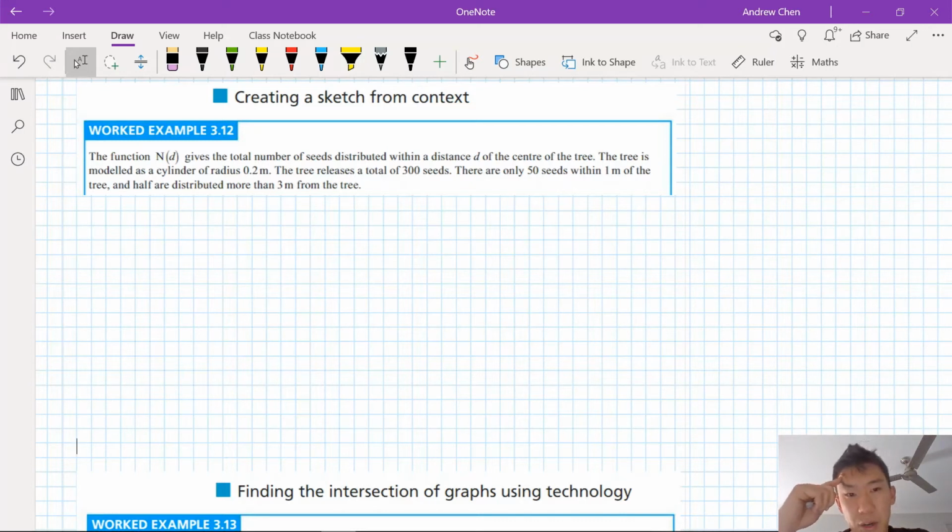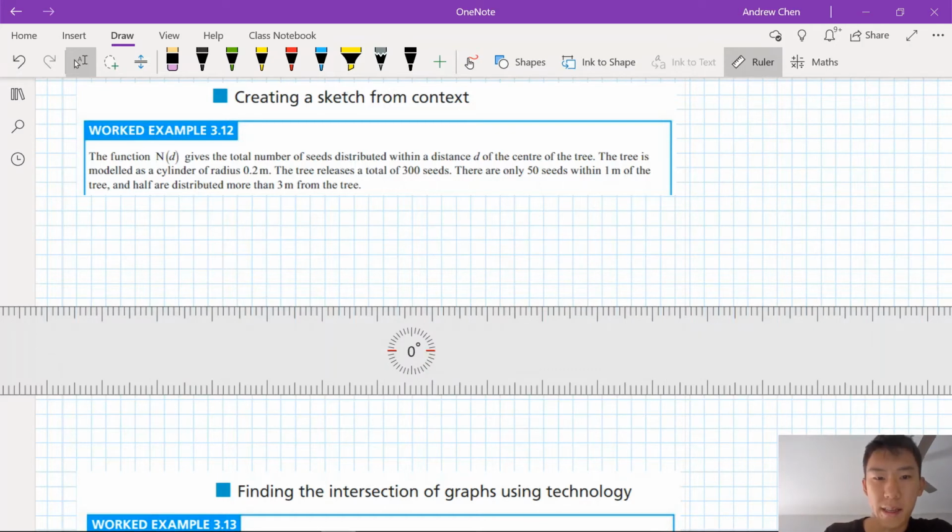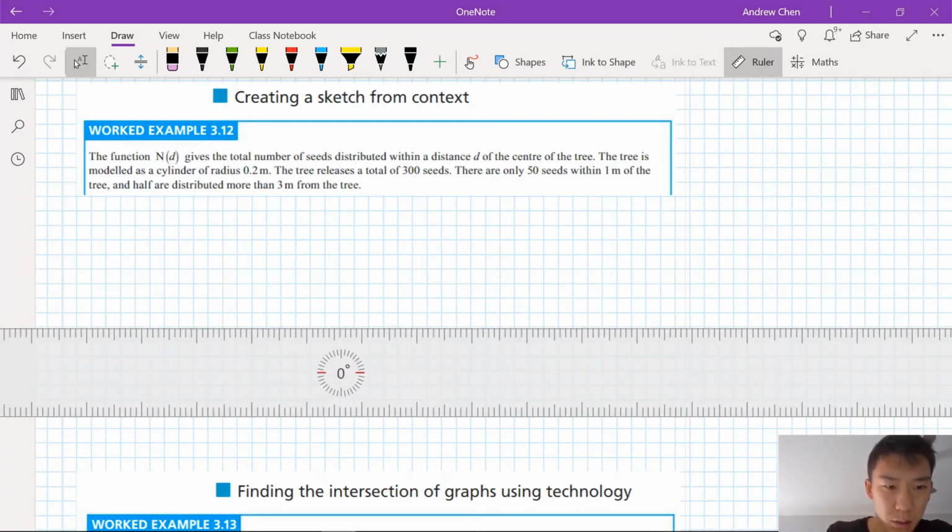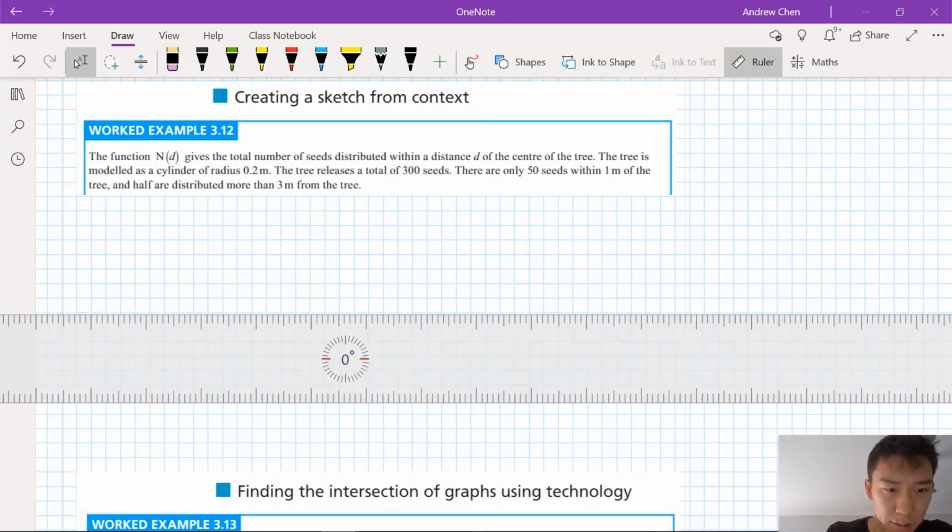I'm going to draw my axes, and then I'm going to draw another little diagram to kind of explain what we're trying to model here.